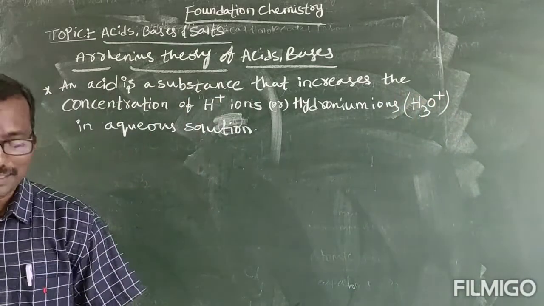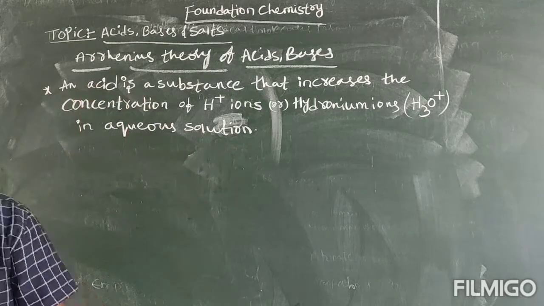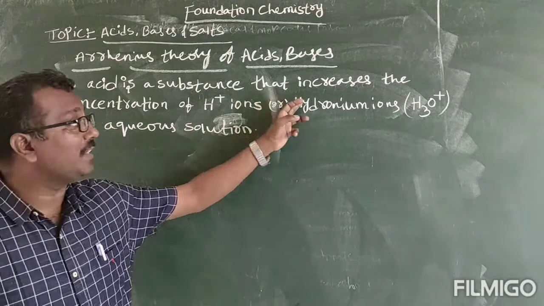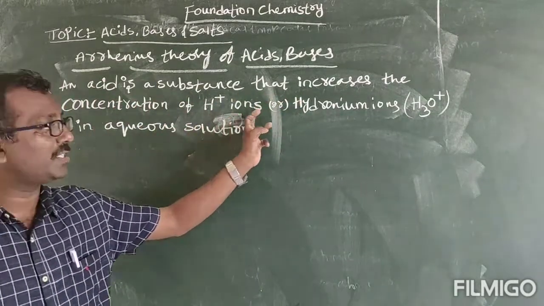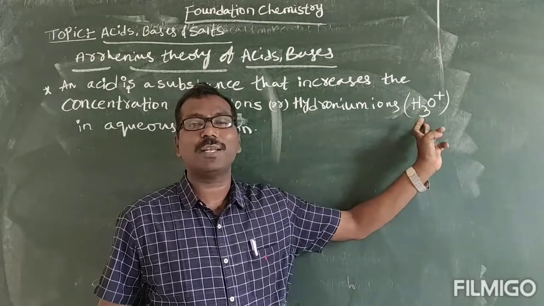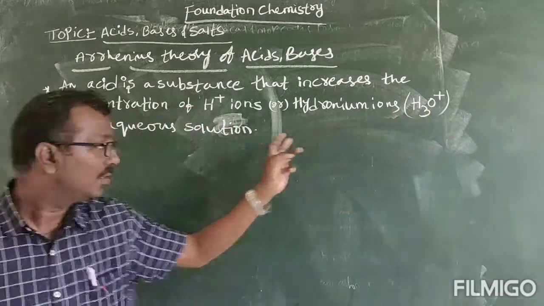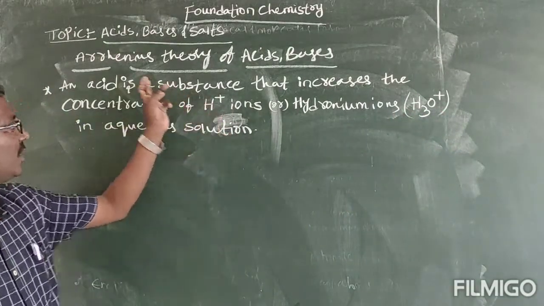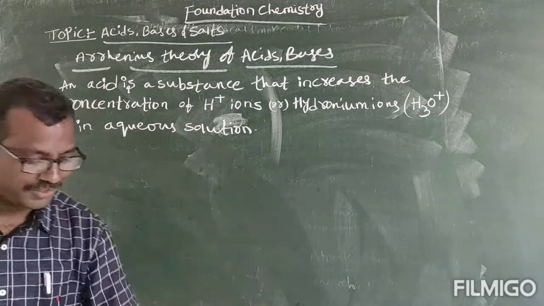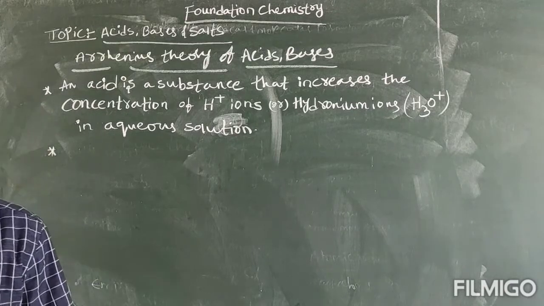So the latest Arrhenius definition is this: an acid is a substance that increases the concentration of H plus ions or hydronium ions, H3O plus, in aqueous solution. This is the standard definition of an acid according to Arrhenius theory.